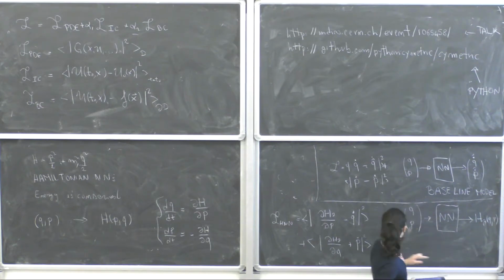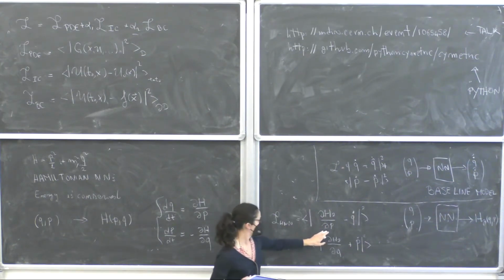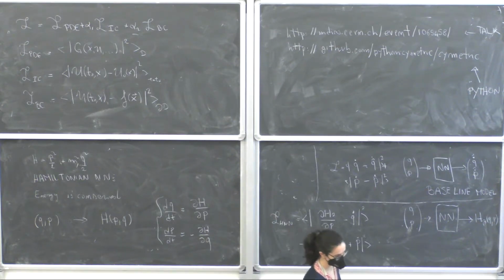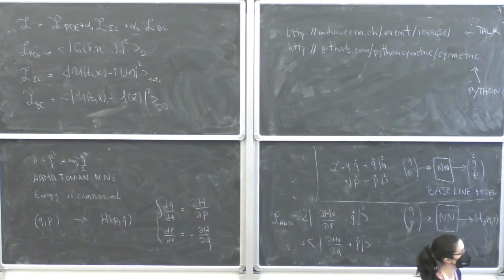I output a scalar function, and I use the Hamiltonian equations in my loss function. This is more or less what you want to do: you have your canonical coordinates, you estimate your Hamiltonian, you compute your derivatives, and then you use your supervised quantities Q dot and P dot inside your Hamiltonian loss.